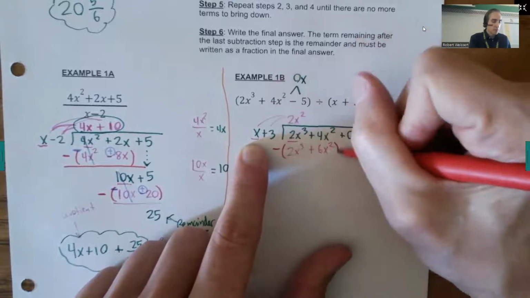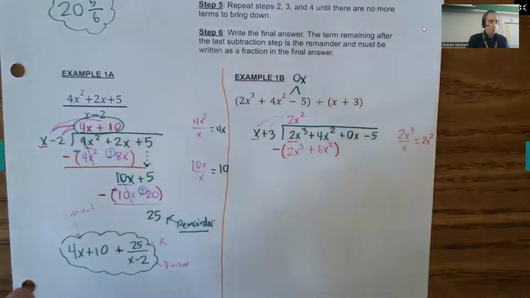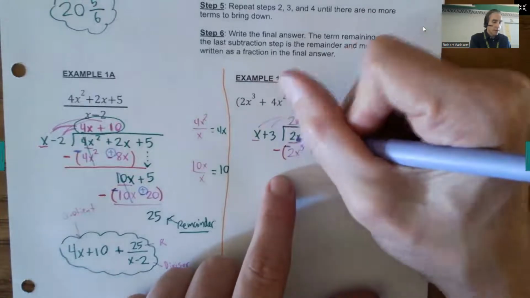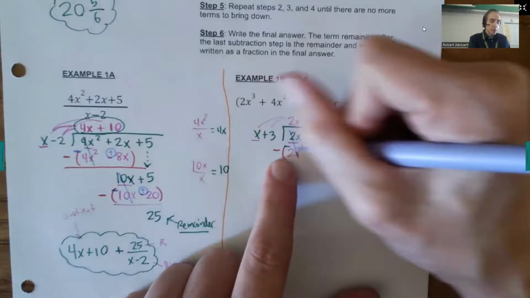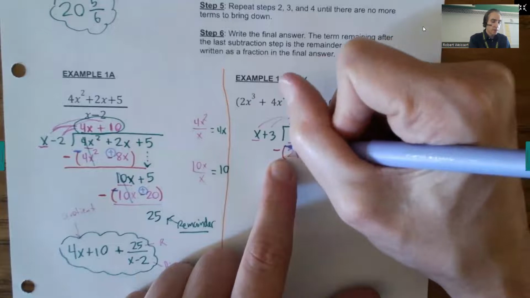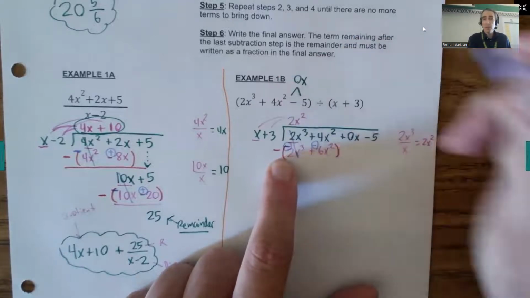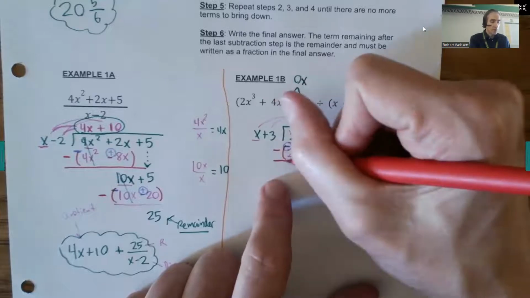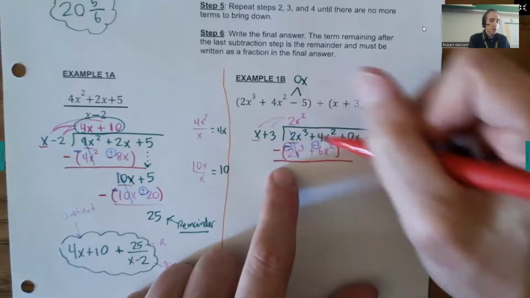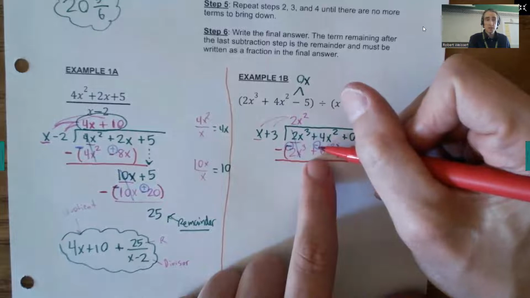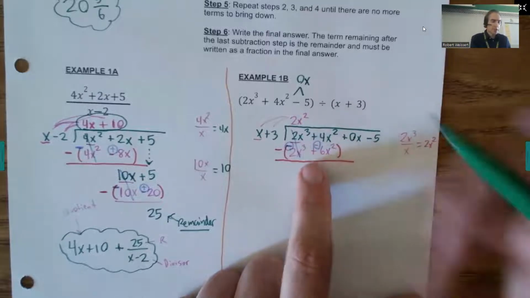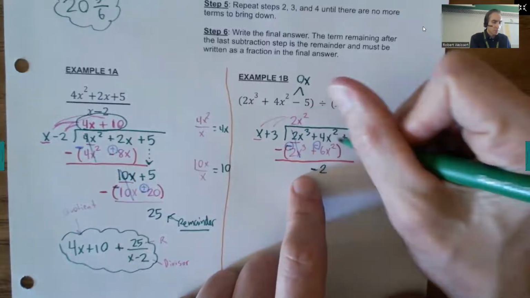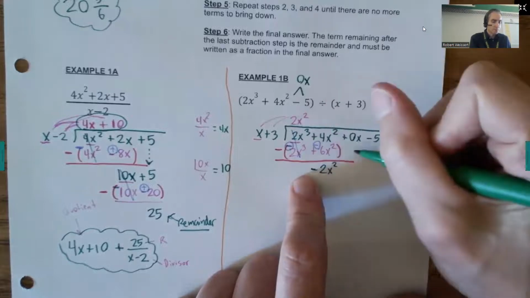Subtract down. That'll cancel that. And then that positive will now turn to negative, right? So if it's plus, it becomes minus. If it's minus, it becomes plus. So when we're subtracting down, we actually have nothing here. 4 minus 6, well, what's that? That's negative 2. Bring the x squared down.